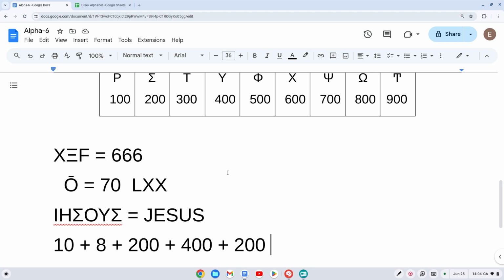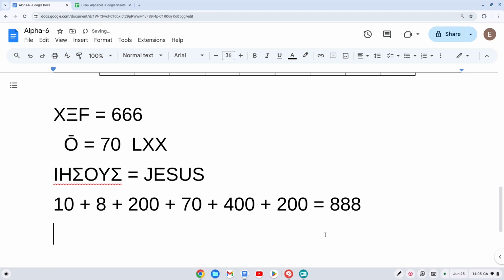I missed one. The Omicron. Okay. So if you do the math, 888, and it turns out to be a significant number in the Pythagorean school. But I won't say any more about that for now.